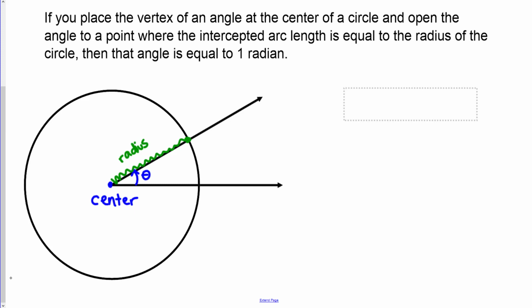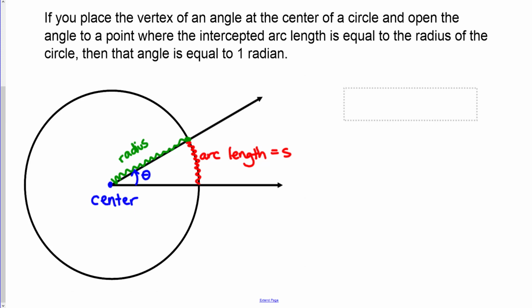Now, that angle measure intercepts an arc length. That arc length is there. We generally refer to arc length with the lowercase letter s. So when I have the radius equal to the arc length, then that is defined as 1 radian. That's what that definition tells me.